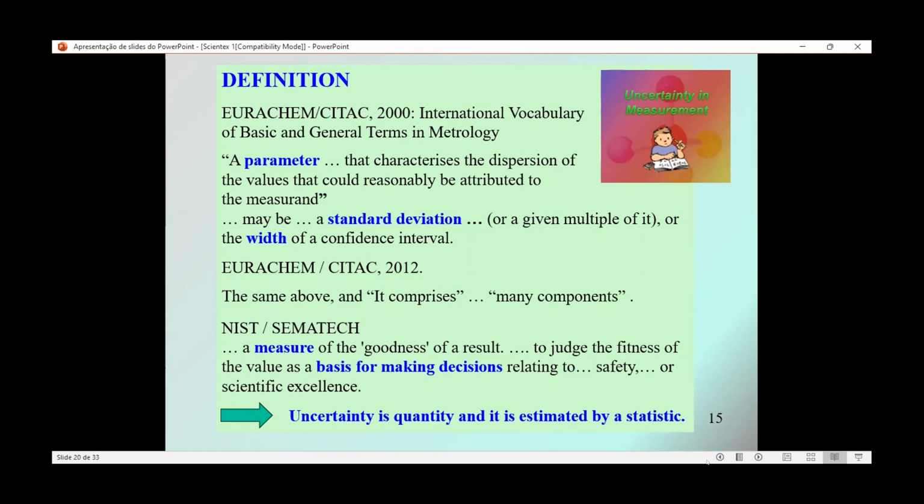The NIST definition is that uncertainty is a measure of the goodness of a result to judge the fitness of the value as a basis for making decisions relating to safety or scientific excellence. Therefore, we can conclude that uncertainty is a quantity and it's estimated by a statistic.